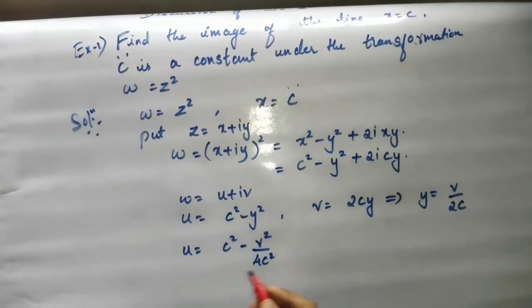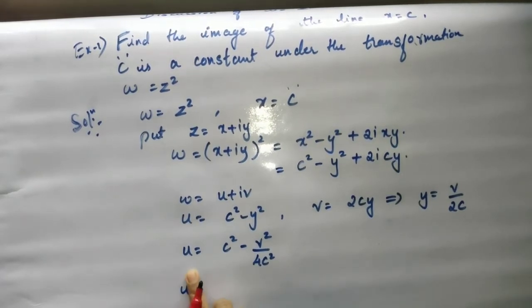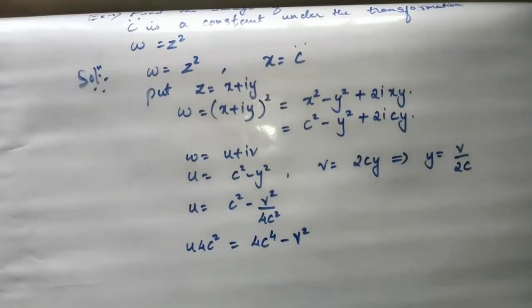Now take the LCM and try to rewrite the solution. So it will be u into 4c square is equal to 4c to the power 4 minus v square. The equation reduces to this form.